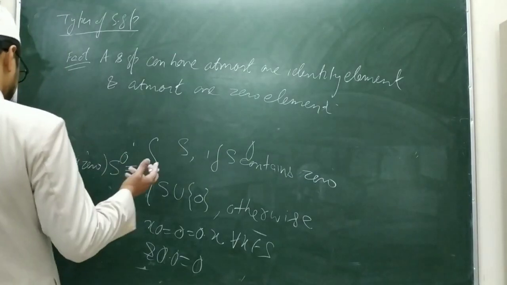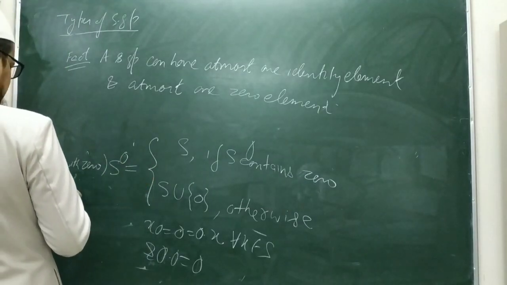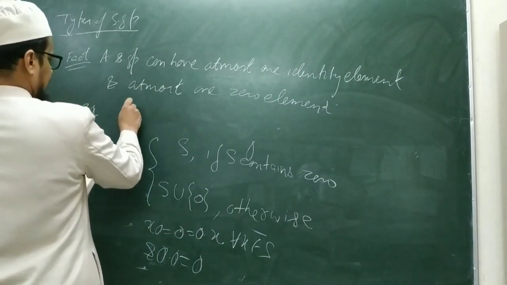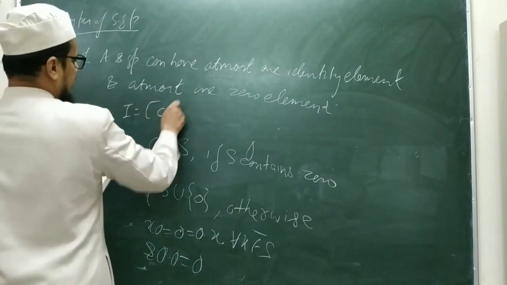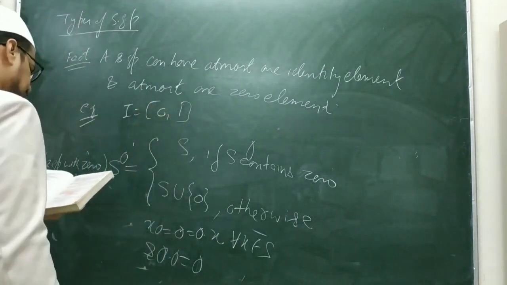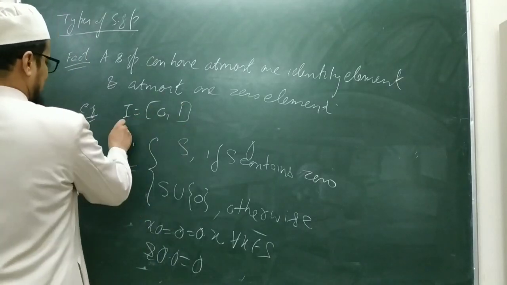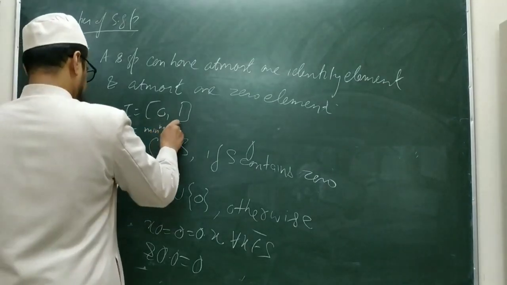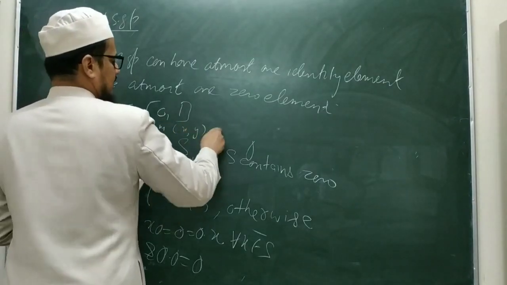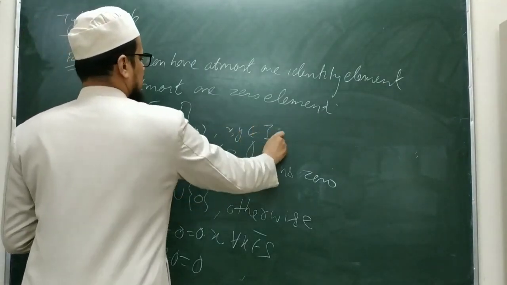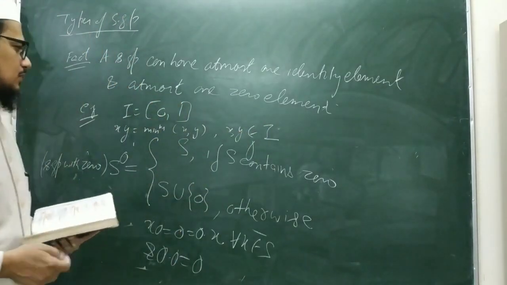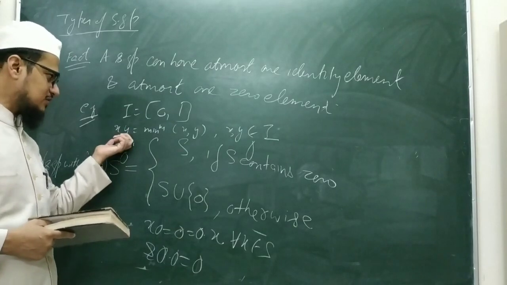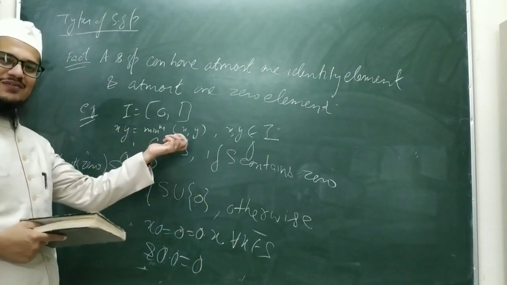You can see a very easy example: if you choose the closed interval I from 0 to 1, and now you define the operation as xy is equal to the minimum of x, y, where x, y belong to this closed interval.